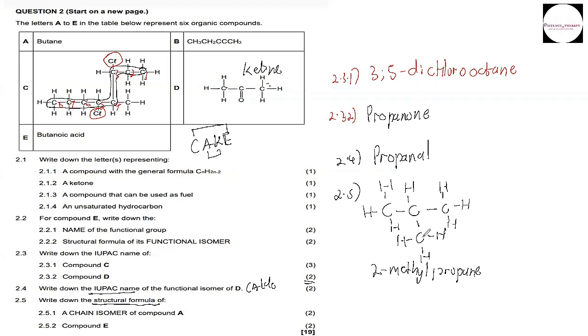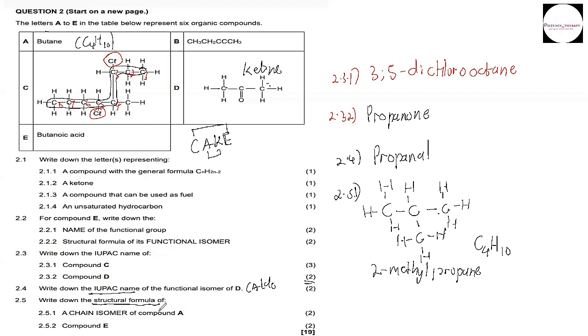But look at this, we still have the same molecular formula. This is still C4H10, and for butane, it's C4H10. So same molecular formula, but different types of chain. Straight chain, branched chain. And that was 2.5.1.